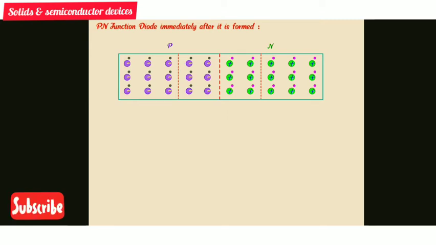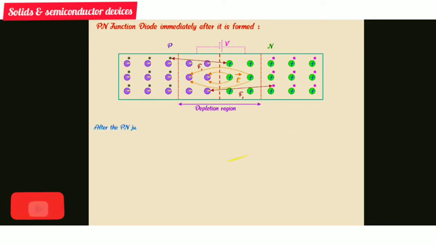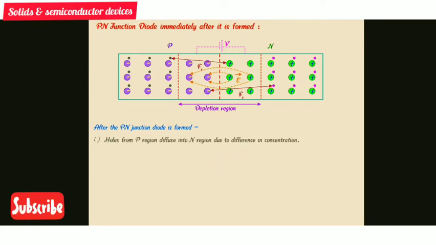We can see on the diagram depletion layer, electric field, and electron. After the p-n junction diode is formed, first, holes from the p region diffuse into the n region due to difference in concentrations.